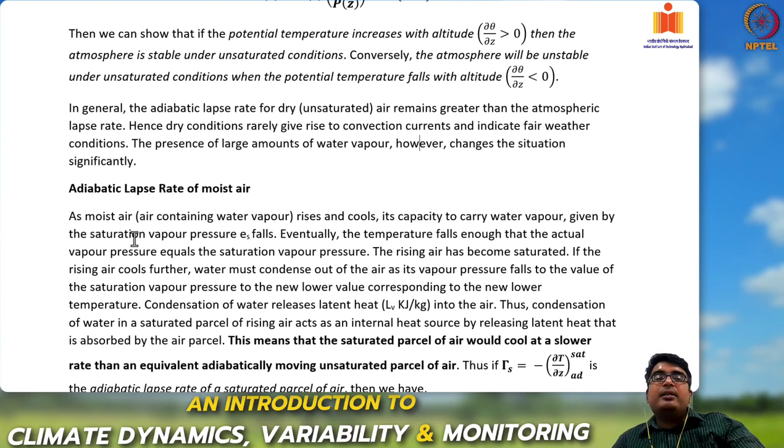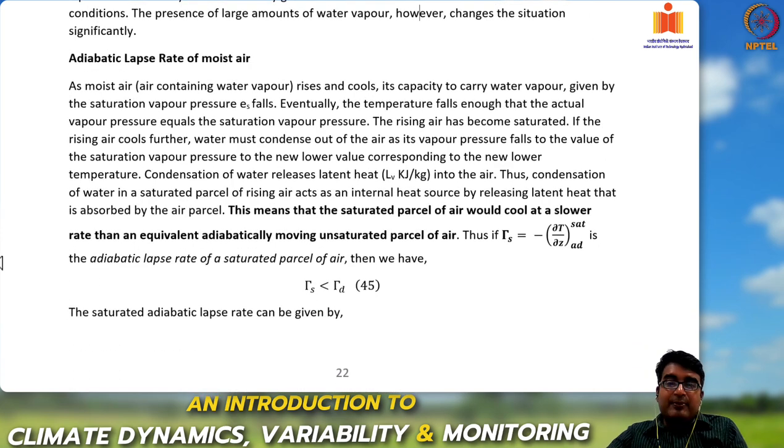So the temperature decrease is less for a saturated parcel of air because of the heat released due to condensation of water vapor compared to the temperature fall for an unsaturated parcel of air under the same conditions. So what this means is that the saturated parcel of air would cool at a slower rate than an equivalent adiabatically moving unsaturated parcel of air.